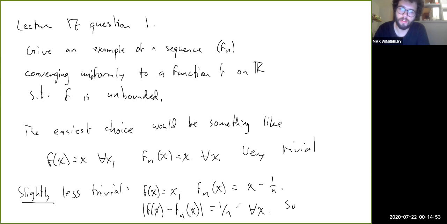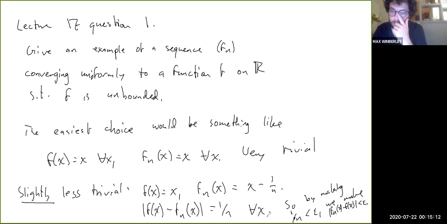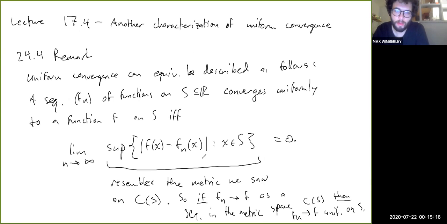So, clearly by making 1 over n less than epsilon, we make f_n of x minus f of x less than epsilon, right? For all x.